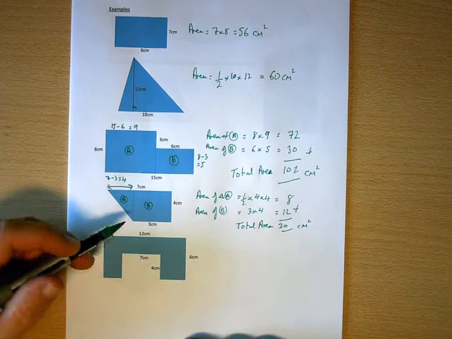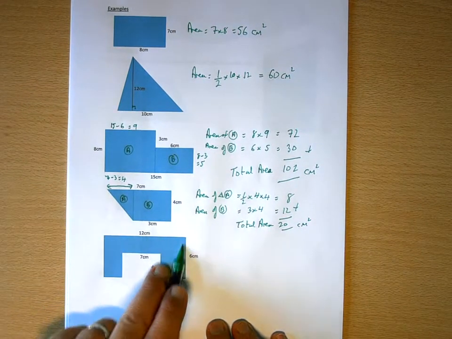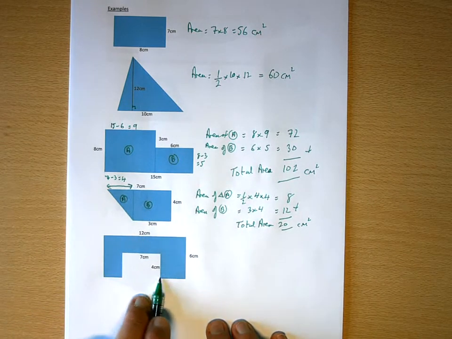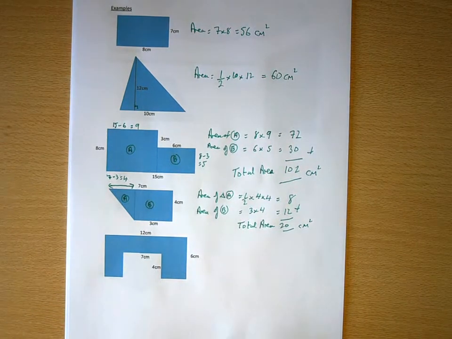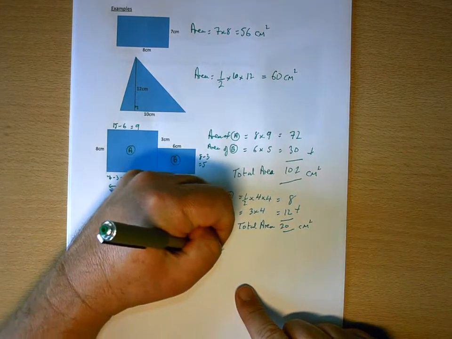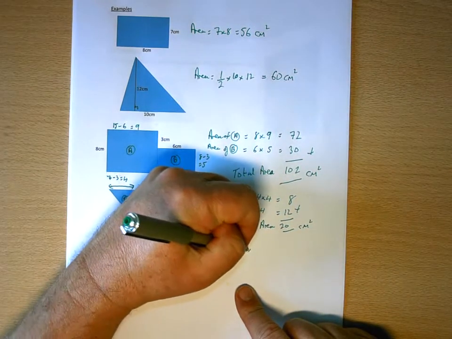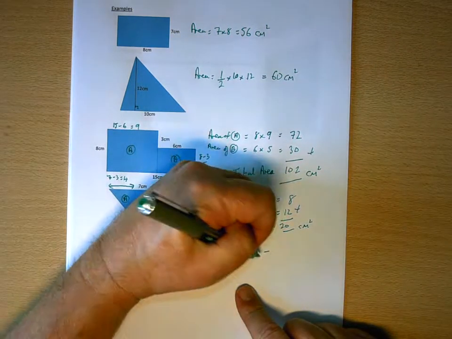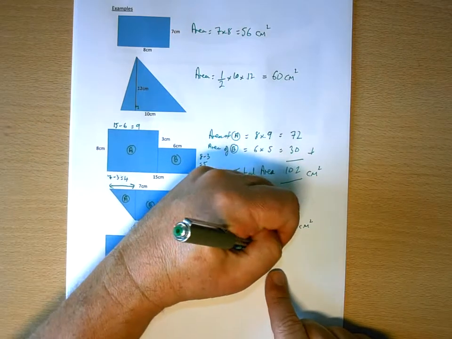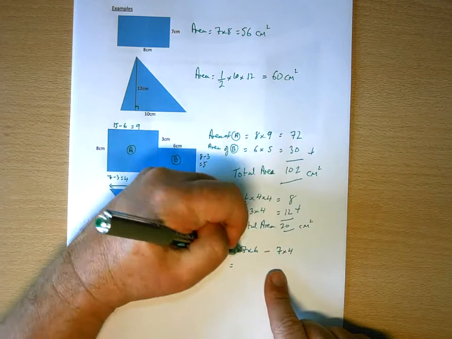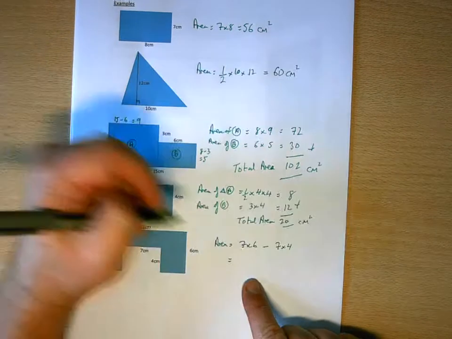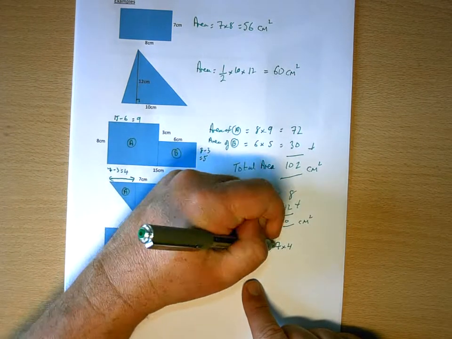And then for this shape, I'll do it by subtraction. I can see the total rectangle will be 12 times 6. This will be 7 times 4. So the area will be 7 times 6. Take away 7 times 4. 7 6s are 42.